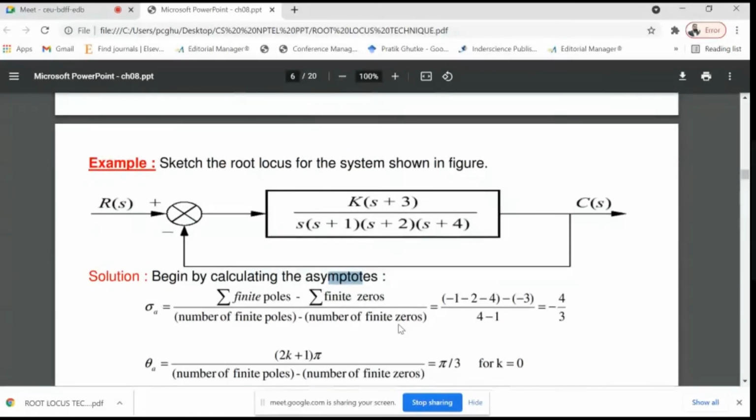Zero will not come into the calculation. -1, -2, -4. How much is it coming? -7. -7 minus of -3 means -4, divided by number of finite poles. How many poles do I have? 4 poles, and how many zeros? 1. So 4 minus 1. So how much is it coming? Asymptote is -4 divided by 3.